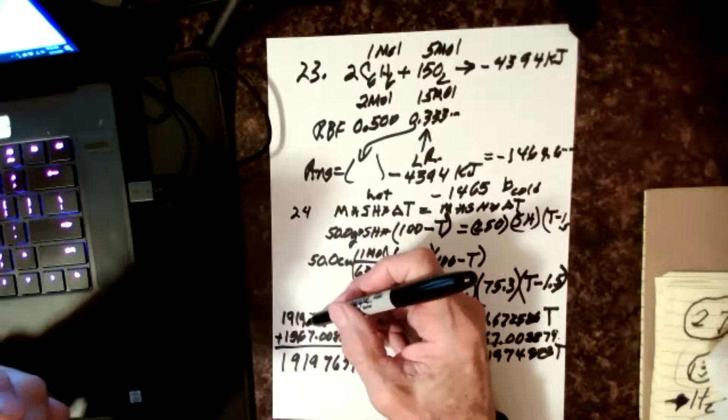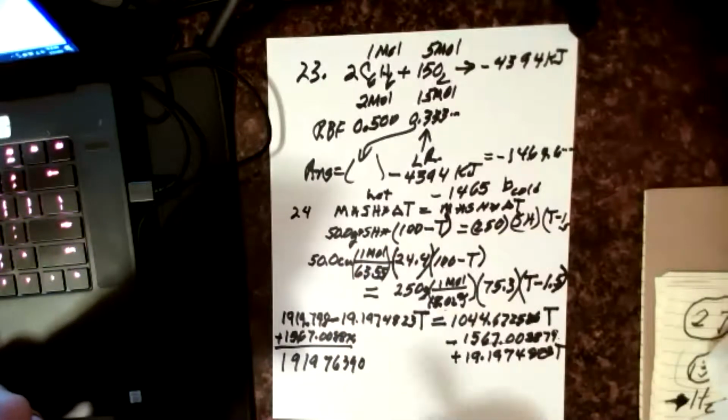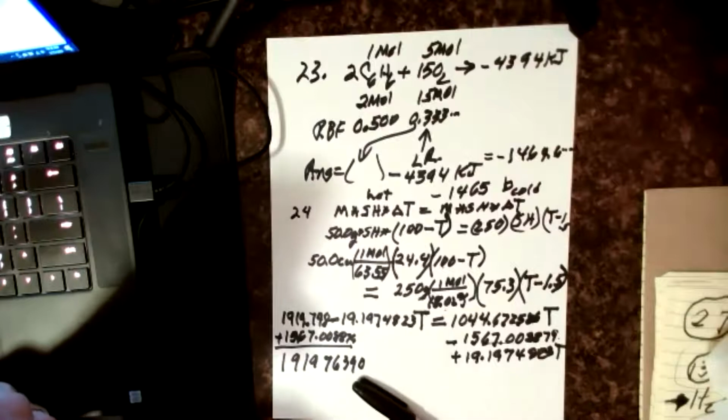That doesn't look right to me. Oh, I know what I did wrong. I didn't put my decimal point in up there. Okay, back up and punch it in again: 1567.008879 plus.